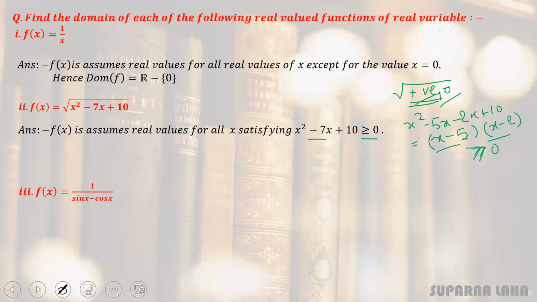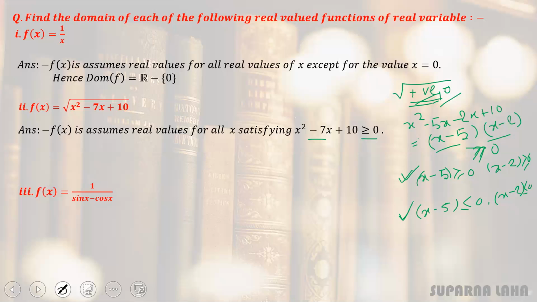Now when the multiplication of these two factors is greater than or equal to 0, either both are greater than or equal to 0, x minus 5 is greater than or equal to 0, x minus 2 is also greater than or equal to 0, or x minus 5 is less than or equal to 0 and x minus 2 is less than or equal to 0. These two conditions can happen. Either both the factors are greater than or equal to 0 or both the factors are less than or equal to 0. Both are negative or both are positive. Then their multiplication will always be positive or equal to 0.